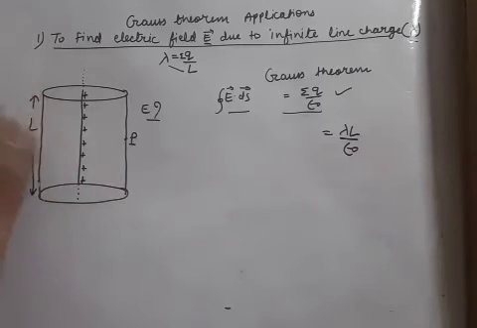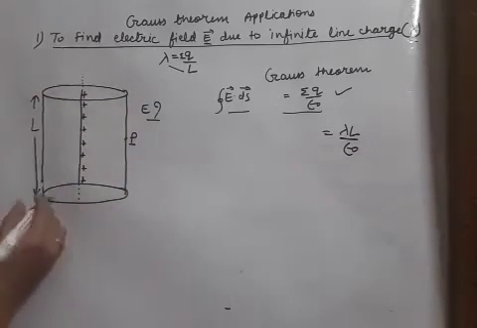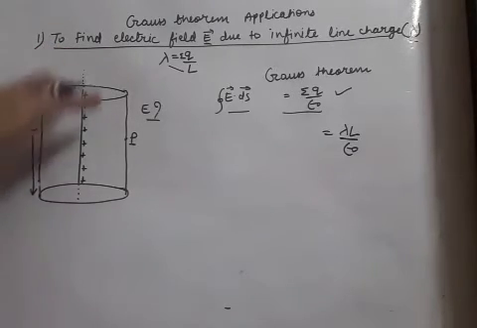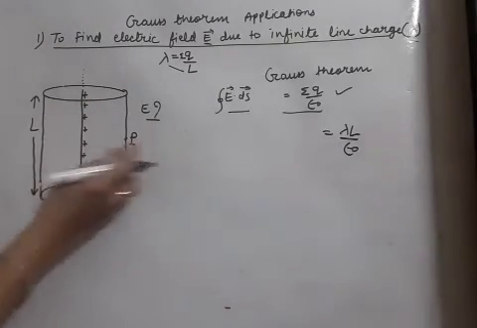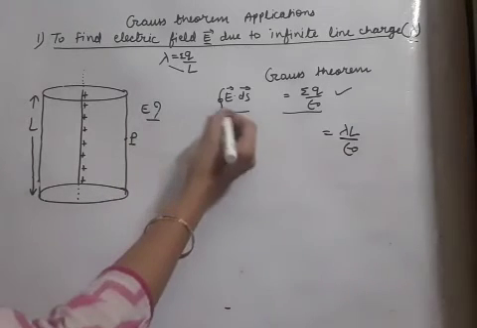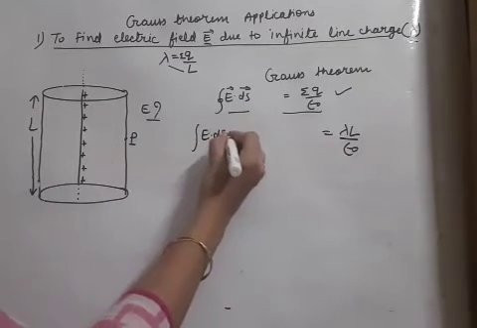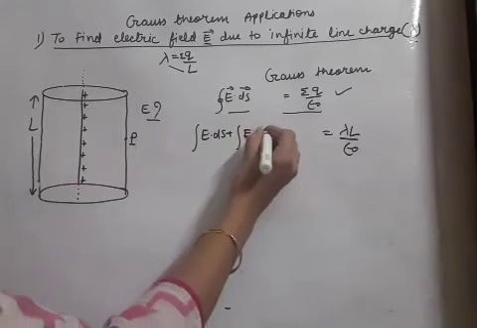So the idea is the continuous surfaces whichever are present in the cylinder, that we will take. So you can see the cylinder can be divided into 3 parts: upper circle, lower circle and middle curved surface. So what we will do, this integration of E dot ds we will break into 3 parts.